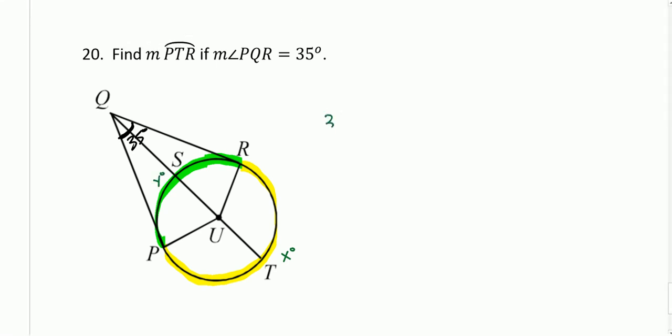And so we know that 35 is 1/2 x minus y. But we also know that x plus y is full 360, and so y is 360 minus x. And so I'm going to substitute that piece in for y here.